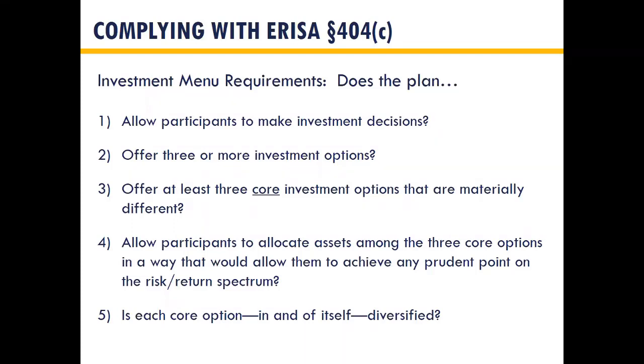But if each of those options consisted of 1,000 underlying positions, that gets a lot closer to meeting the ERISA requirement for diversification. And while there's really no hard and fast requirement on what that magic number is, you should sort of think about this globally.